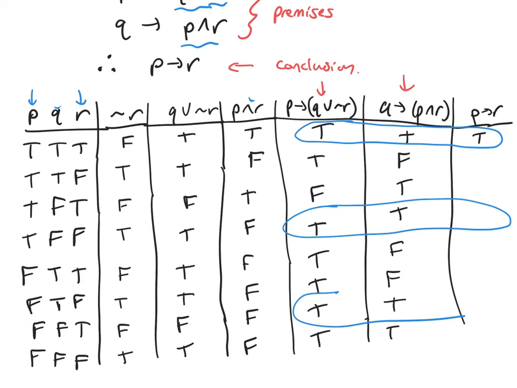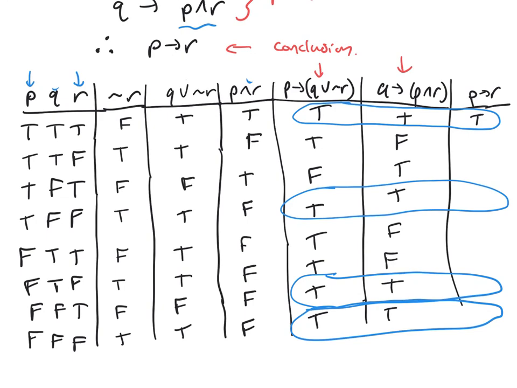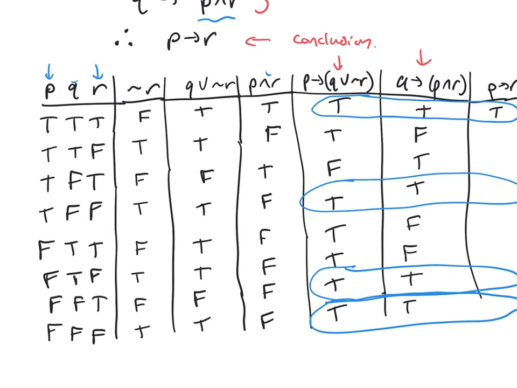They're both true in these last two rows. So you only are concerned with your conclusion in those 4 rows, and that's it. So let's see, the 4th row, P is true and R is false, so this would be false. And then P is false in both of these, so it's automatically true.